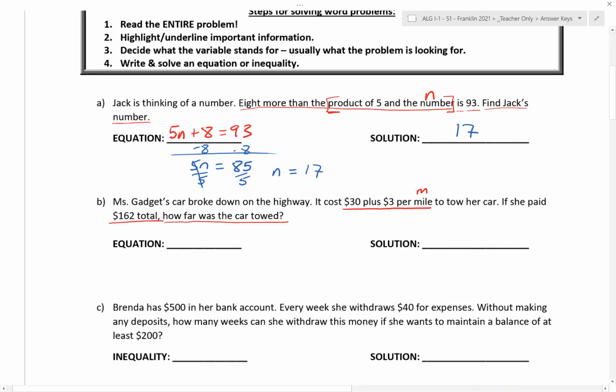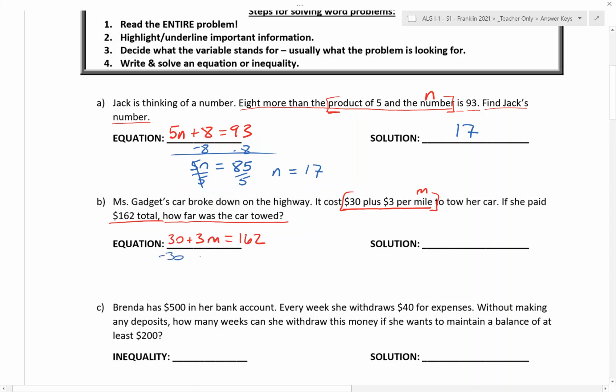So for the equation, let's start with this expression. 30 plus 3 per mile. So that's 30 plus 3m. And her total was 162. So we can solve this equation to find out the number of miles it would take for that all to equal 162. So let's solve it.